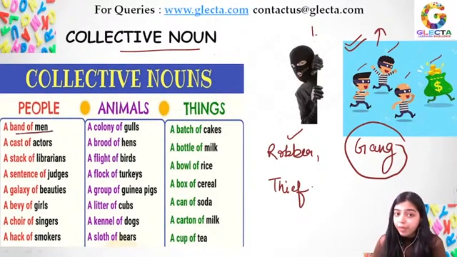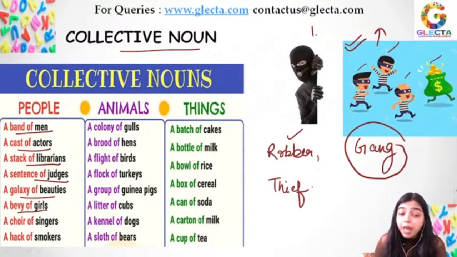A band of men, a cast of actors, a stack of librarians, a sentence of judges, a galaxy of beauty, a bevy of girls, a choir of singers, a hack of smokers.